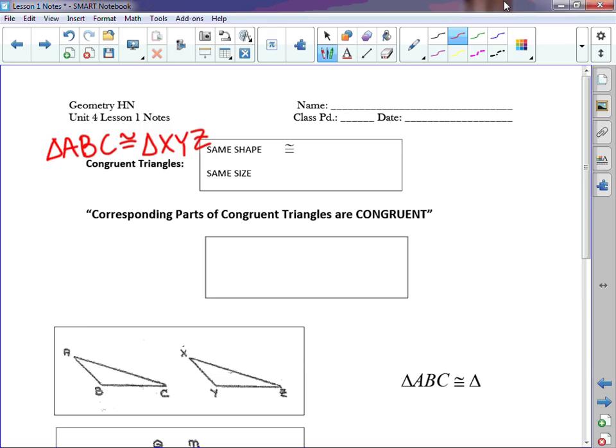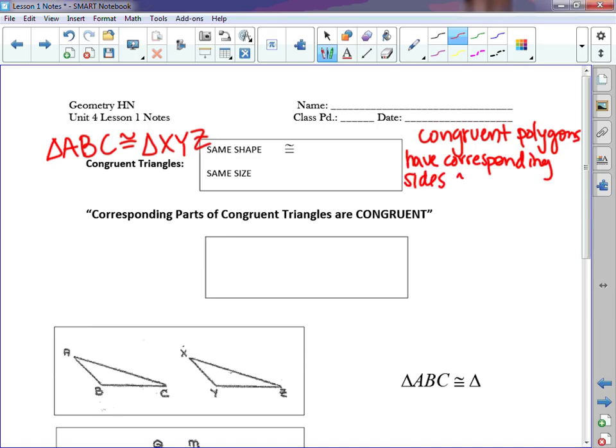We can branch this out to congruent polygons in general, so let's write this off to the side. Congruent polygons have corresponding sides congruent and corresponding angles congruent.